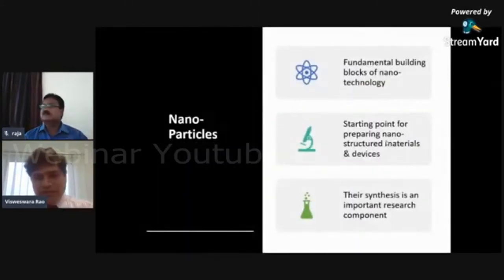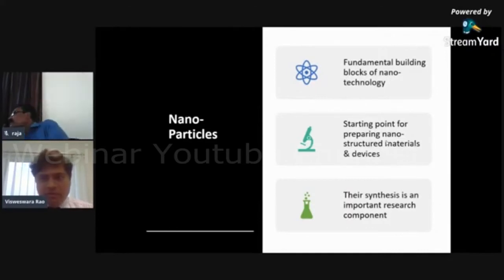And this is actually the basics about nanoparticles. These are the fundamental building blocks of nanotechnology, the starting point for preparing nanostructured materials and devices, and their synthesis is an important research component. Why do we say it's research?